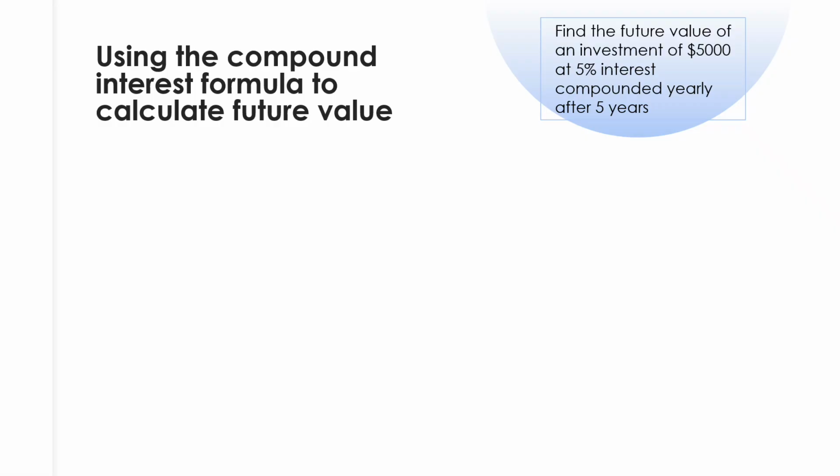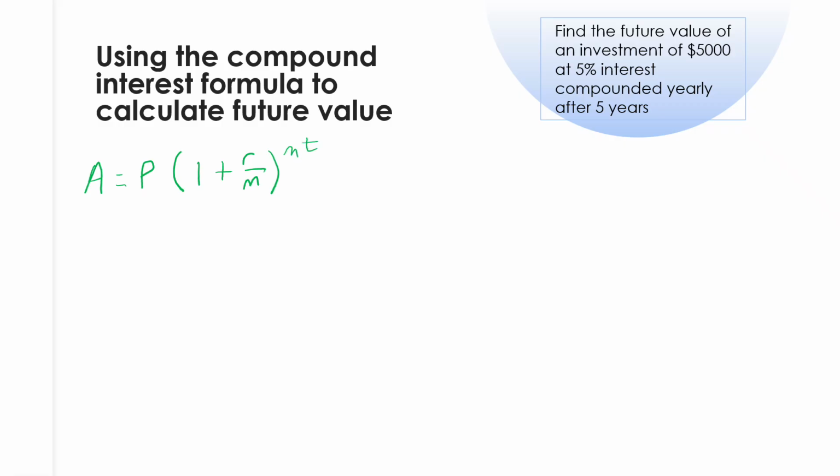Okay, so previously we had gone the long way to find the future value of this investment at 5% interest compounded yearly after 5 years. So our future value is equal to the principal times 1 plus our rate divided by the number of compounding periods raised to the MT power.